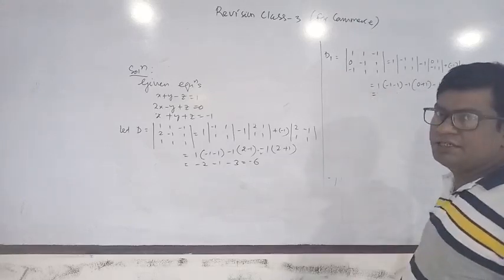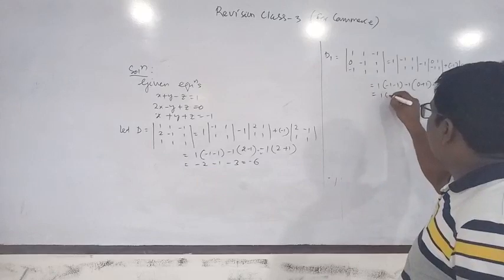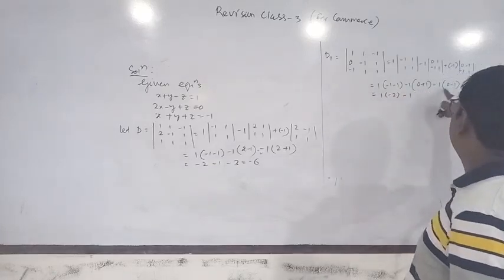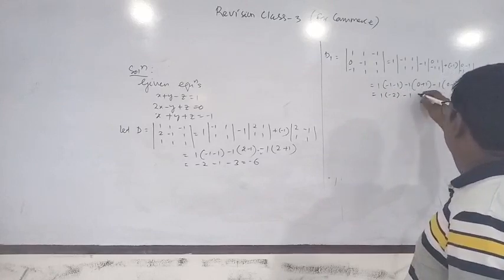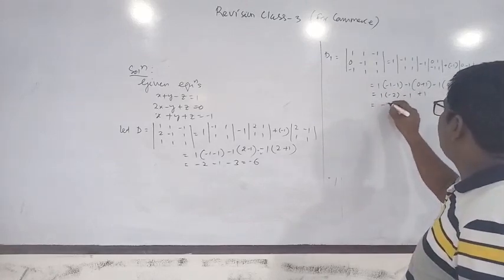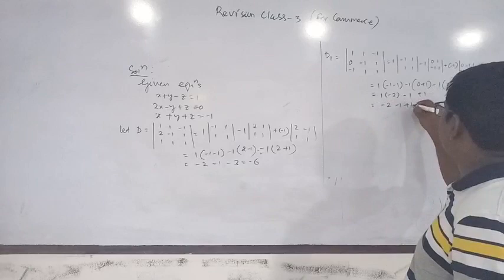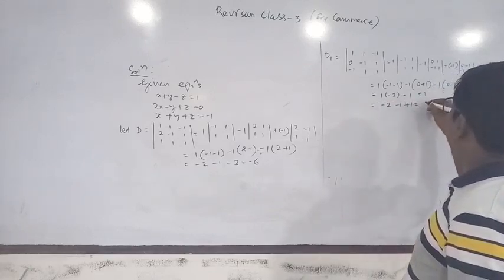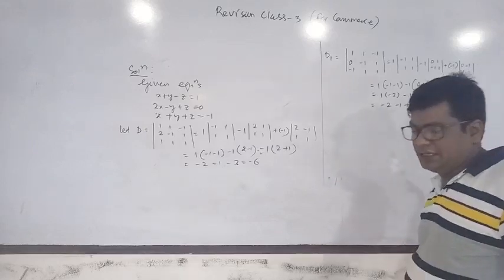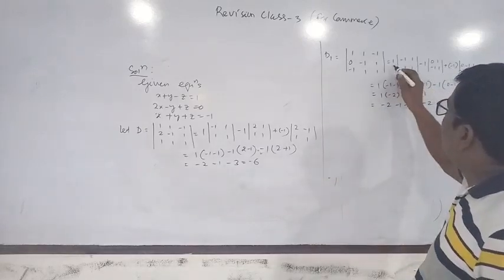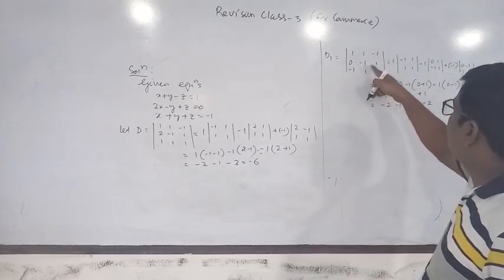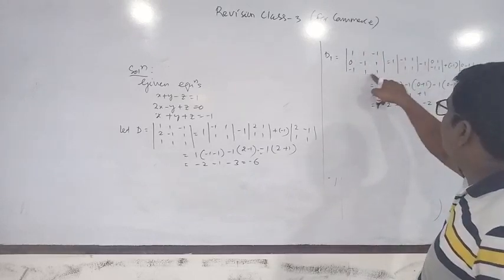So delta 1 is equal to what? 1 into minus 2 and minus 1, and plus 1. So this is minus 2 minus 1 plus 1. Again check again. 1 into, this row, this column cancel. So minus 1 into 1 1 into 1.